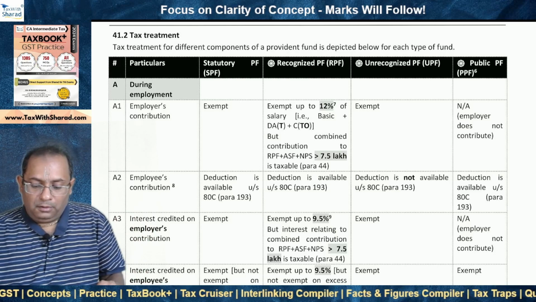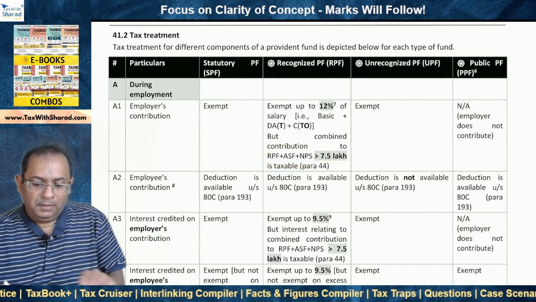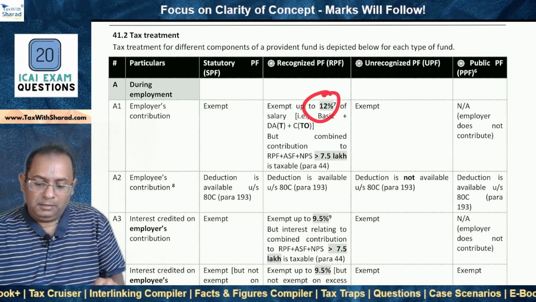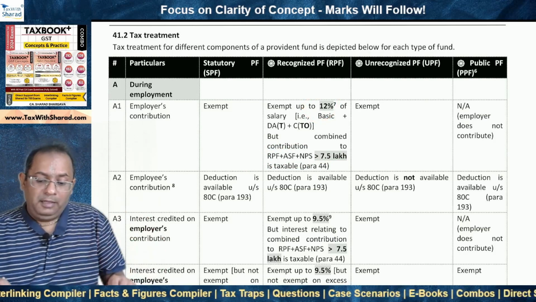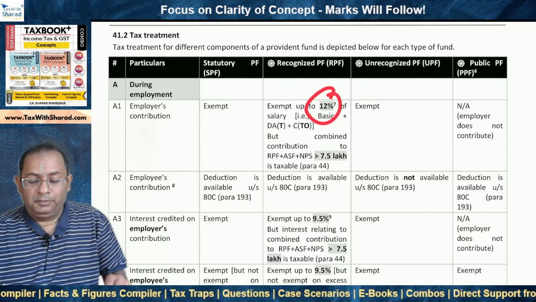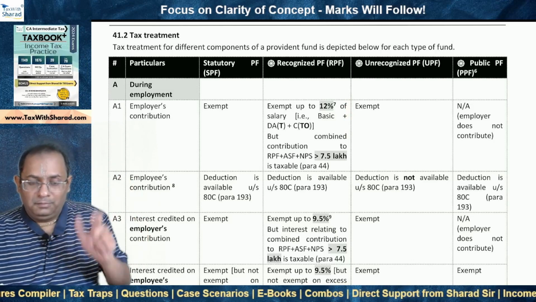So if the employer is contributing 7.5 lakh combined for RPF, ASF, and NPS, and to the RPF it is up to 12% of salary, then nothing is taxable. If in the RPF the contribution is more than 12% of salary, under the first layer, the excess beyond 12% becomes taxable.